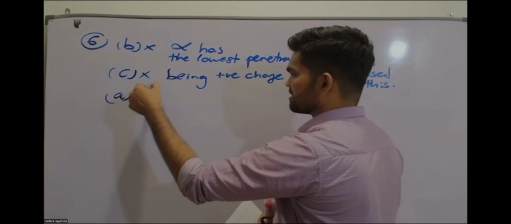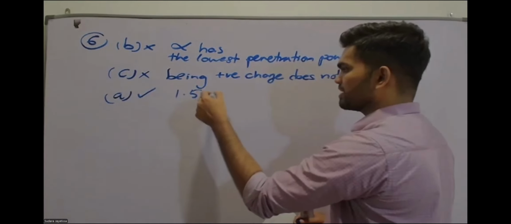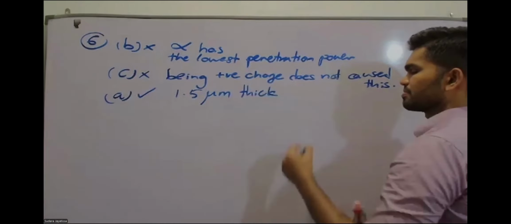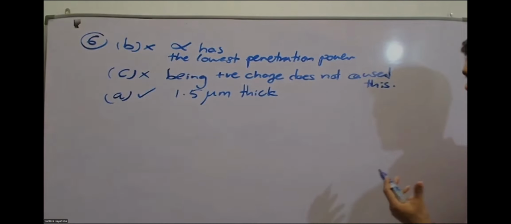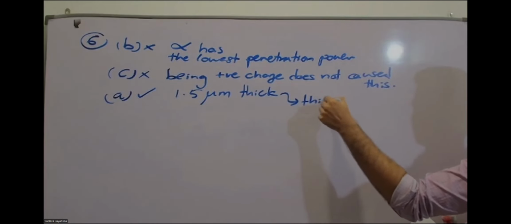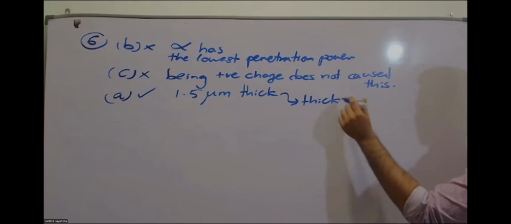So A is correct. So it's very thin. It's 1.5 micrometer thickness. Okay, Goldfoil is very thin, so its thickness is a few atomic layers.